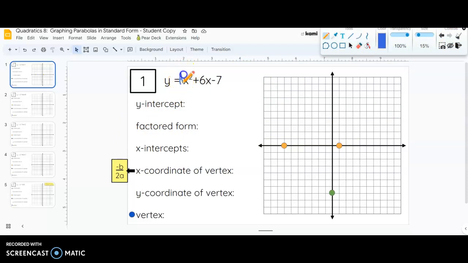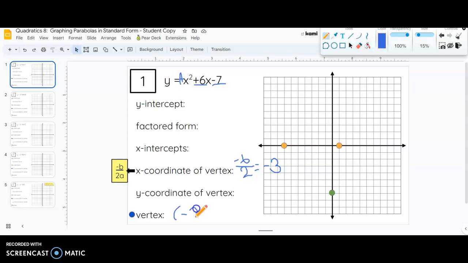Okay, so currently it's a 1. Then the coefficient in front of the x with no exponent is your b, and then this last number would be your c. So the opposite of b would be -6. And then we have to divide that by 2 times 1, which is 2. And that gives us -3.